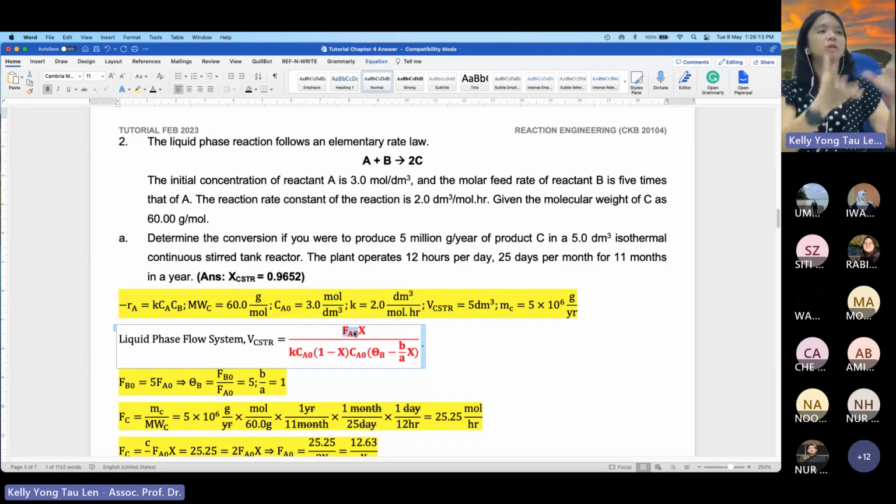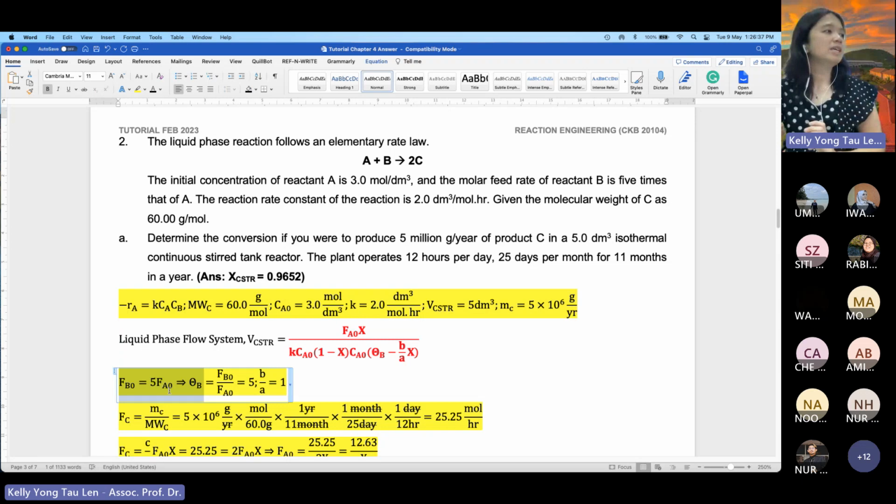Okay, kalau kamu tengok persoalan, FA0 tu adalah initial molar flow rate kan. Kita tak ada FA0. Kita ada adalah CA0. Kita ada k. Kita ada volume. Kita tak ada FA0, which is initial molar flow rate of A. However, okay, some may ask, kan tadi kita kan dah cari dah perkaitan FB0 sama dengan 5 kali ganda FA0. Itu adalah perkaitan untuk mencari theta B. FA0 tu still kita tak tahu nombornya.